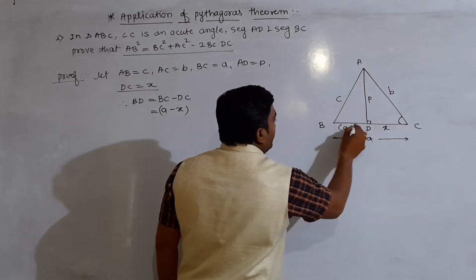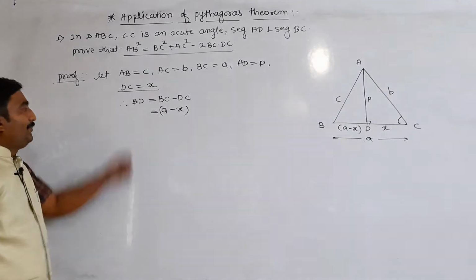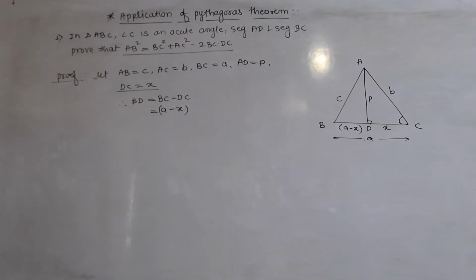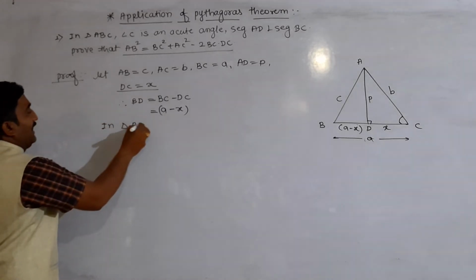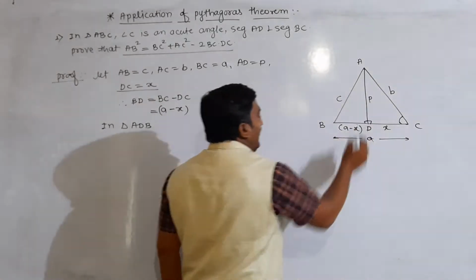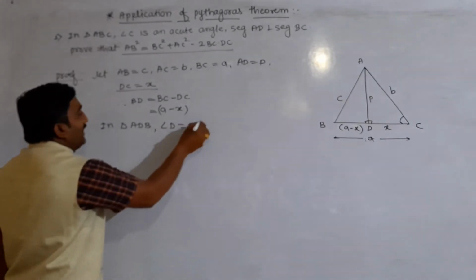This is about the figure. BD is equal to a minus x. So, in triangle ADB, we know that angle D is a right angle. Angle D is equal to 90 degrees.